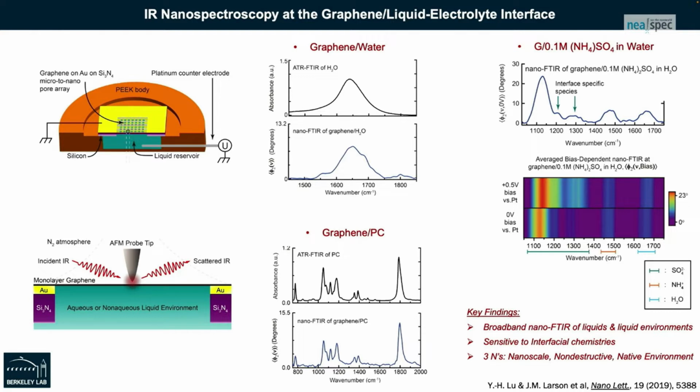To demonstrate that we could take a Nano-FTIR spectrum of the liquid environments through the backside of the graphene, we first tested this with water, displayed in the top middle, and compared it to the ATR-FTIR measurement of water, as well as anhydrous propylene carbonate, which is bottom middle. Those were very nice and exciting spectra.